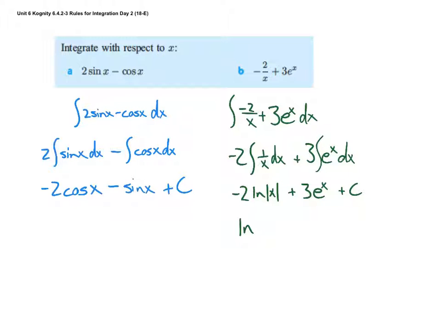So ln of x to the -2 power. Now, this is significant for a couple of reasons. First of all, if I'm squaring something, do I need absolute value anymore? No, it's going to be positive regardless. So this is ln of 1 over x squared. I don't need the absolute value anymore.